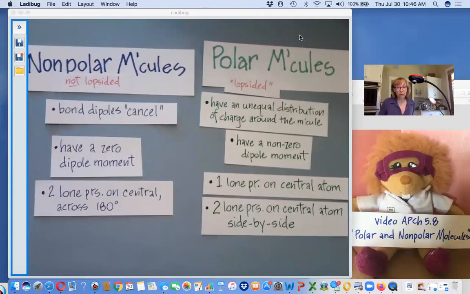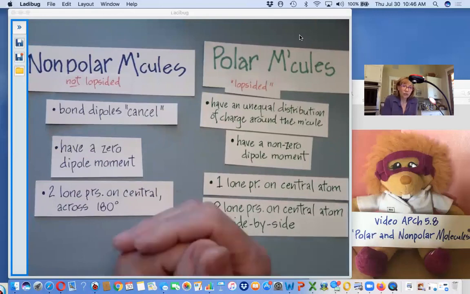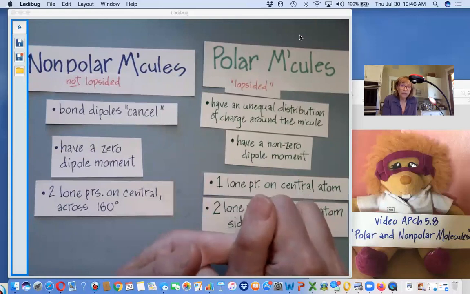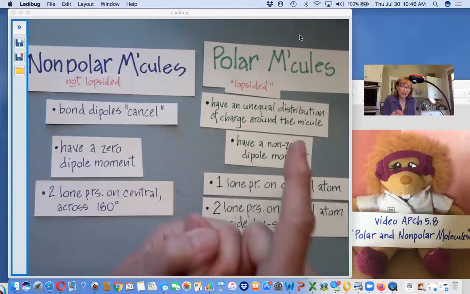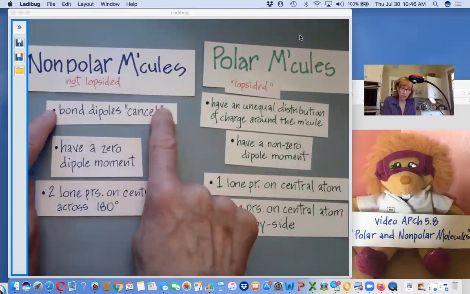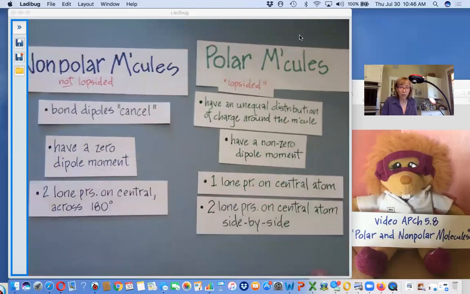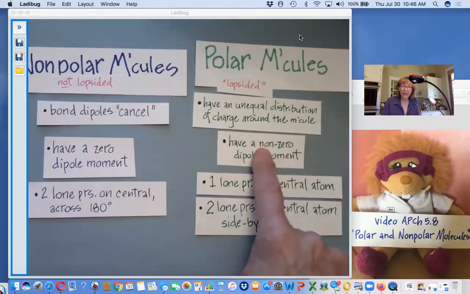Okay, so again, guys, that was a lot. As you're going through all of the practice that I'm going to give you, you want to, first of all, examine the bonds within the molecule. And if the bonds are polar bonds, then you have to decide if the bond dipoles cancel each other out, thereby giving a 0 dipole moment, or do the bond dipoles not cancel out and the molecule has a non-zero dipole moment.